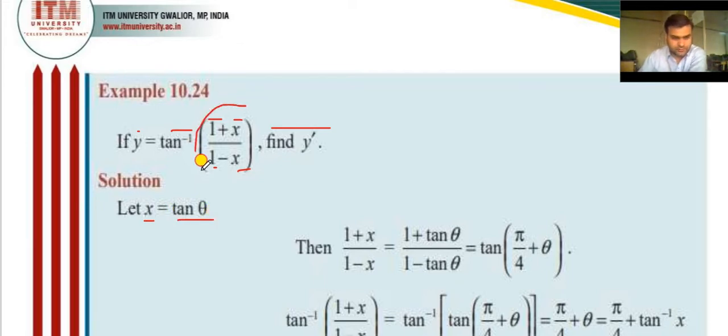We take this bracket term, 1 plus x upon 1 minus x. In place of x we write tan theta: 1 plus tan theta upon 1 minus tan theta. And this is the formula of tan of (pi by 4 plus theta).